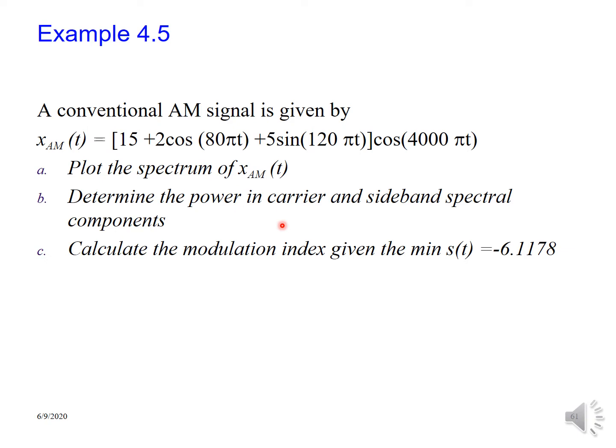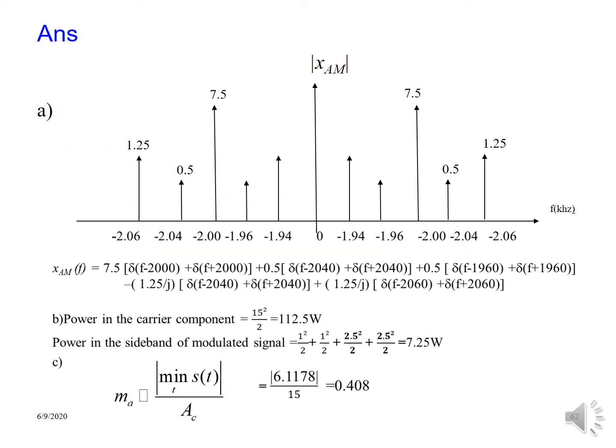Now you have to plot. After plotting, this is a different example. If we write AM here, that means it is already modulated, so you just have to plot the signal and calculate the power. To find the modulation index, the formula is the minimum of s(t) given, divided by the amplitude.